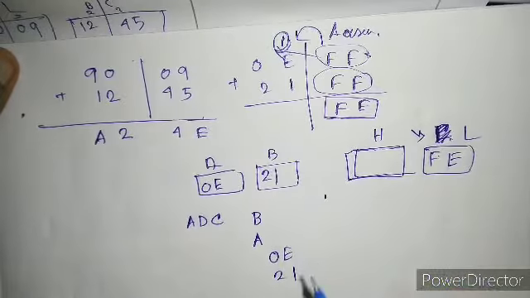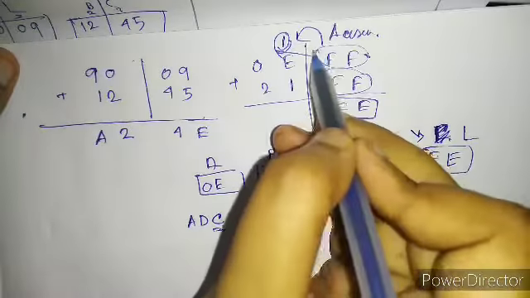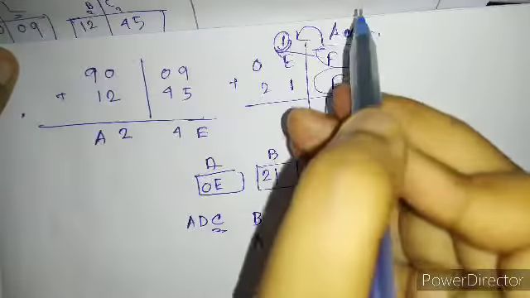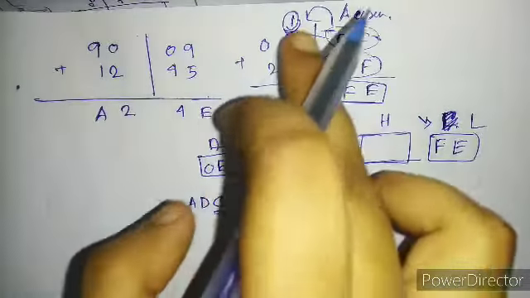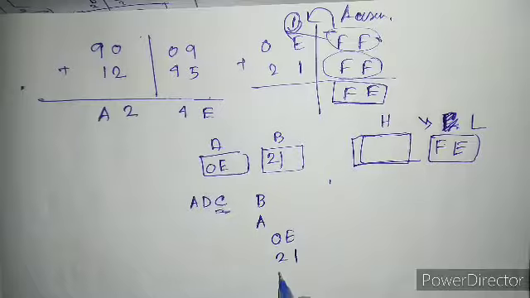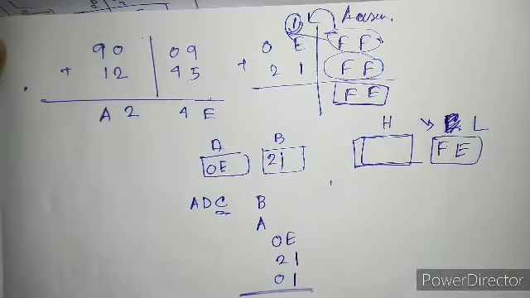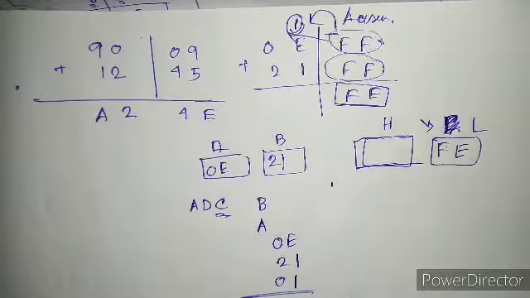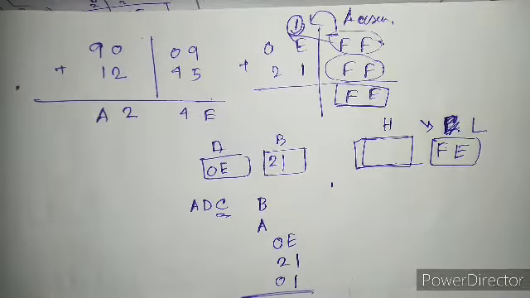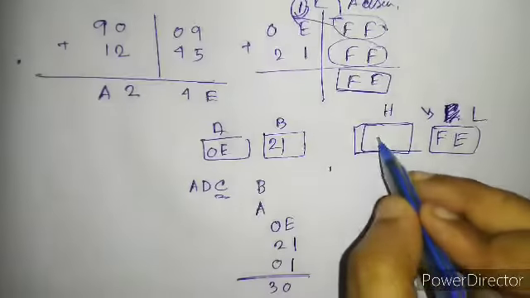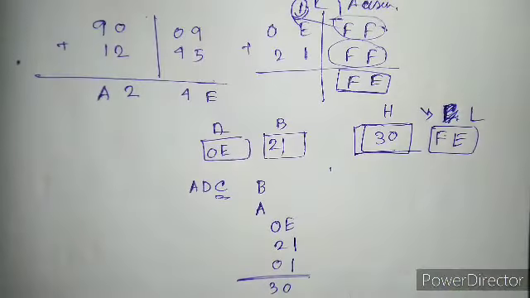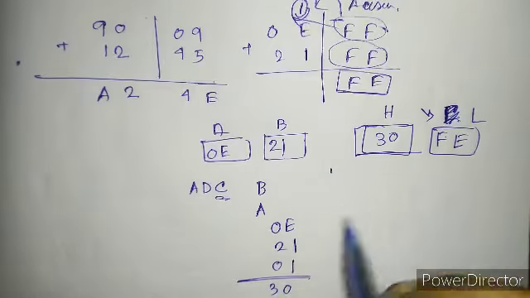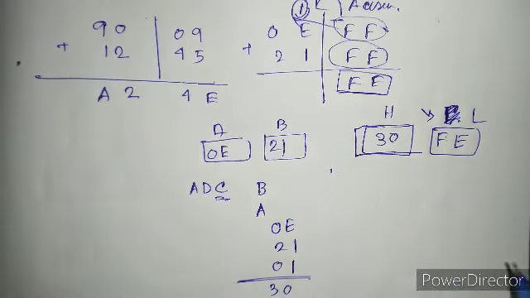And the previous carry that was produced in this operation, the auxiliary carry, will also get added, and then you will get your proper answer, which is 30. So the result will get stored here. Is it clear?